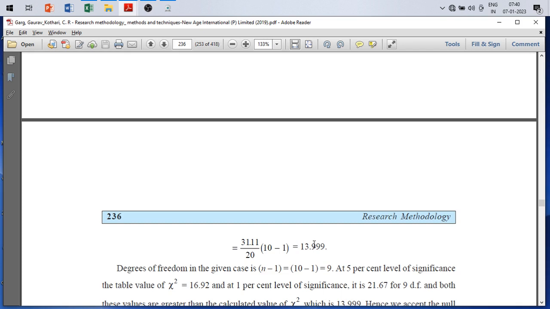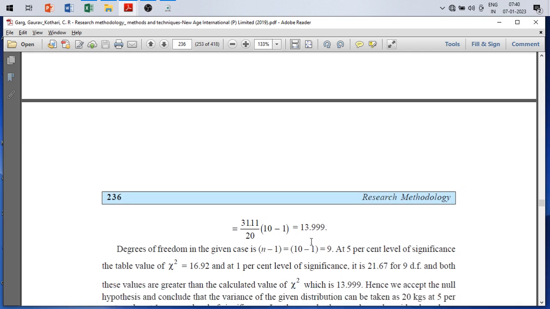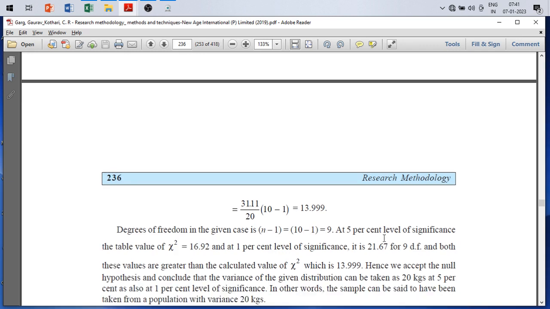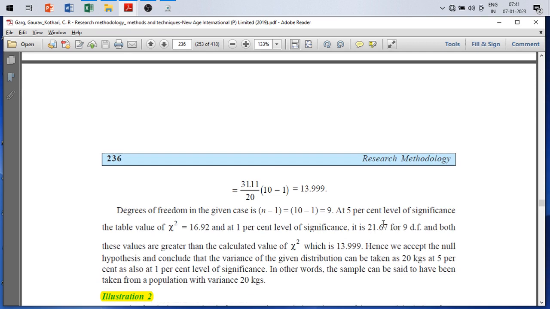Now we need to read the critical value of chi-square. The degree of freedom here is n minus 1, 10 minus 1, that is 9. And at 5% level of significance, you get the critical value of chi-square as 16.92. And at 1% level of significance, again from the same table, table 3, you get the critical value is 21.67.